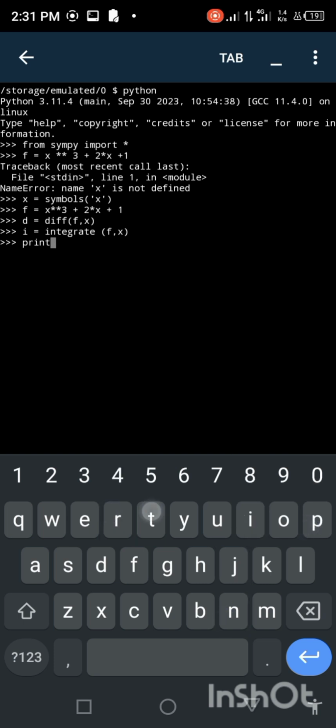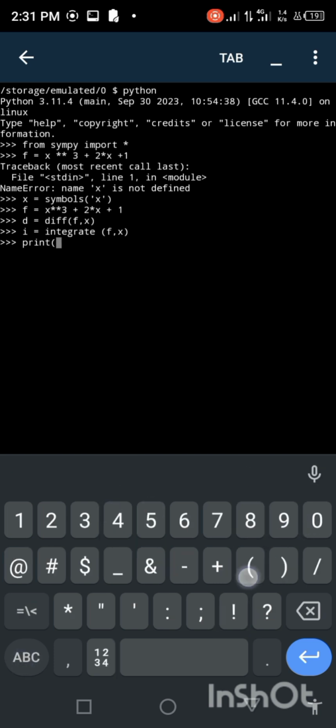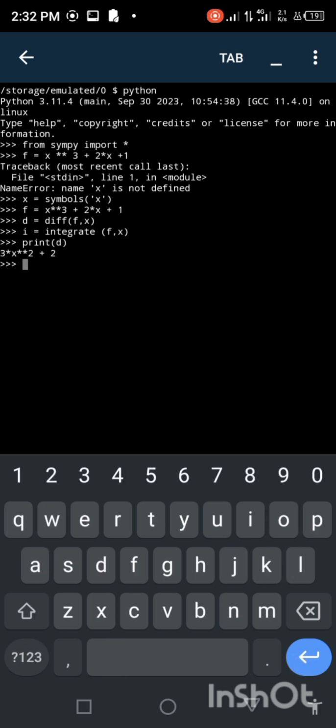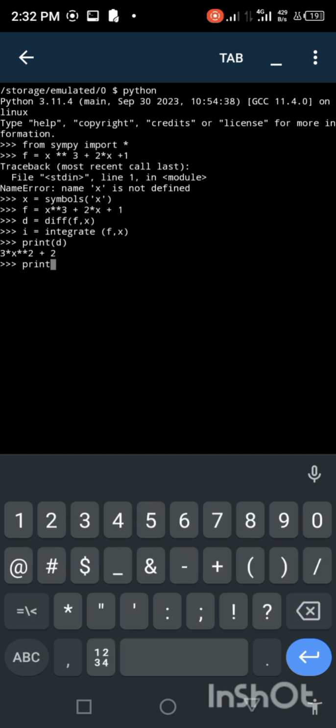So now I want to print the d, the derivative, and see, will it give me an error? Let's see. Wow, it says 3x raised to power 2 plus 2. So that's the derivative. So now let me print the integral of it.